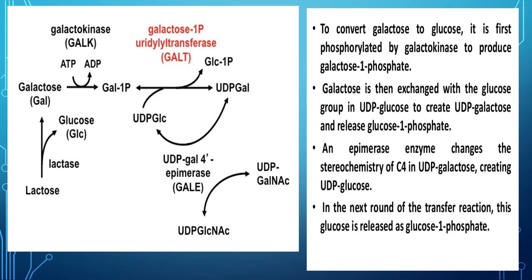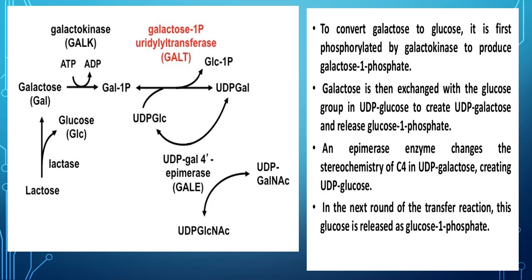And this UDP galactose may again get converted to UDP glucose, because there is only a change in the fourth carbon, that is in the stereochemistry. So with the help of the enzyme epimerase, this will again get converted back. This is a reversible reaction.